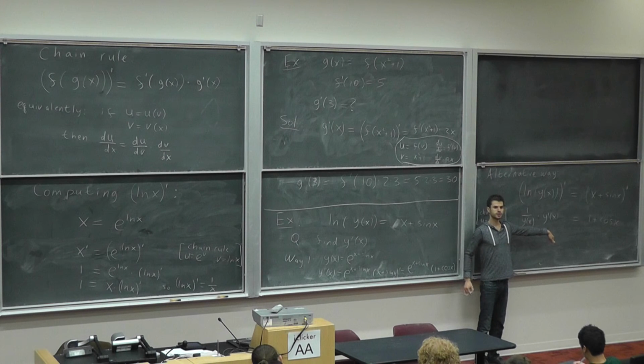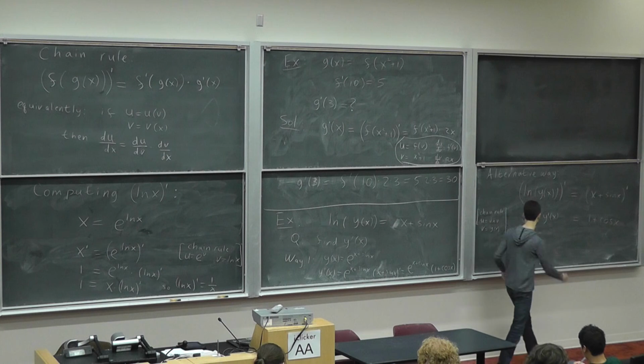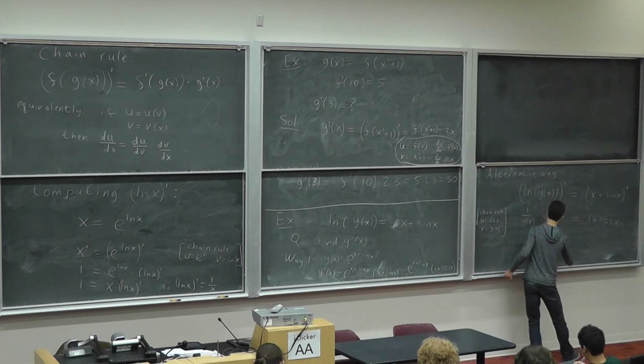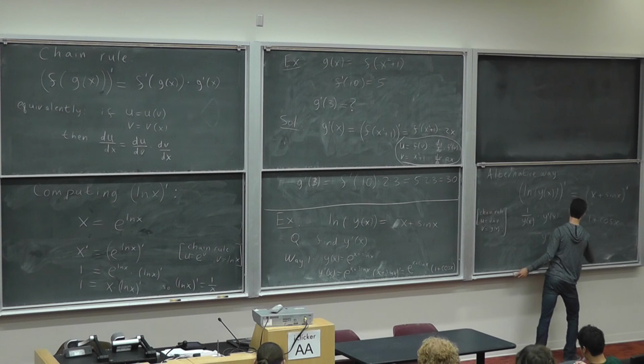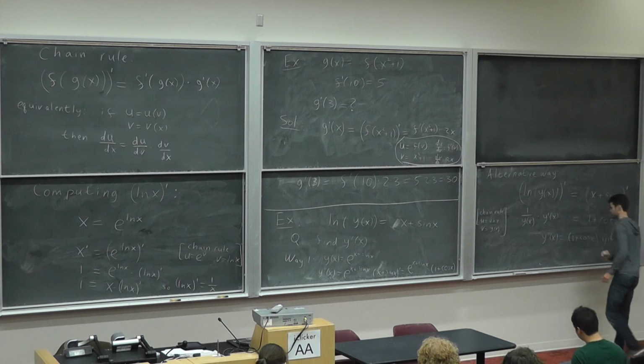So, that's what I have as a consequence of this identity. What I'm interested in is what is y prime of x. So let me solve for y prime of x. Y prime of x is 1 plus cosine of x multiplied by y of x.